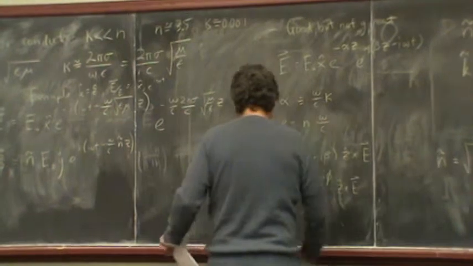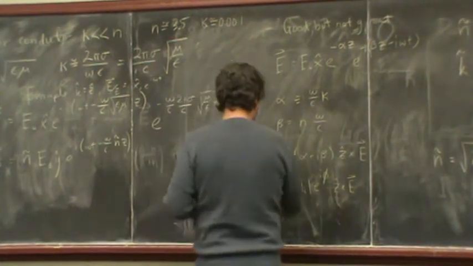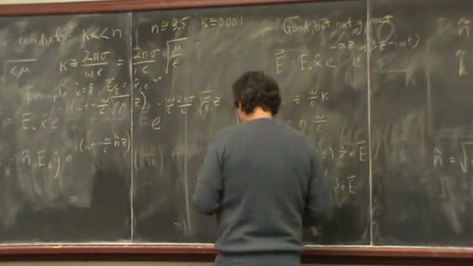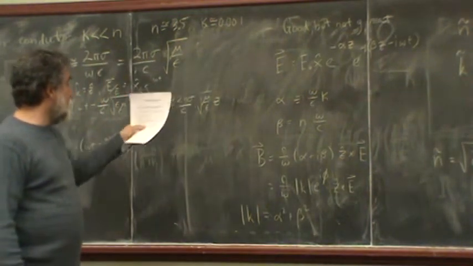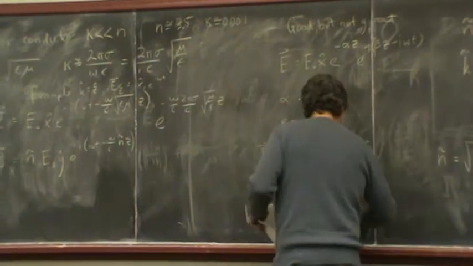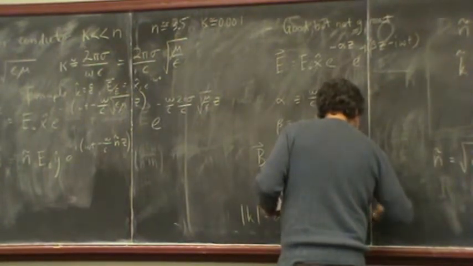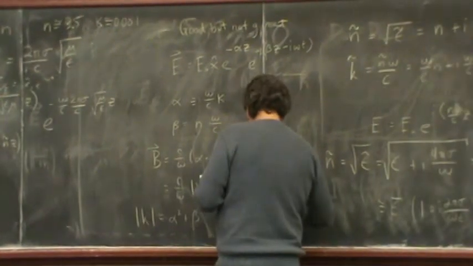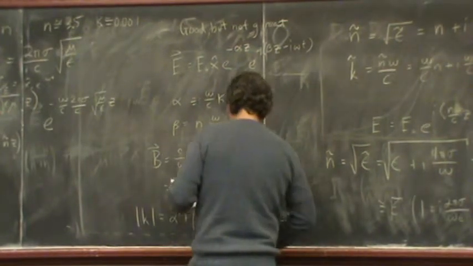And in this expression, I apologize to people in the back, K is equal to alpha squared plus beta squared. And it can get messy. And phi is equal to the arctangent of alpha over beta, but 4 pi sigma over omega epsilon.